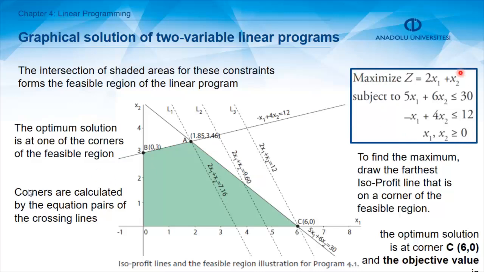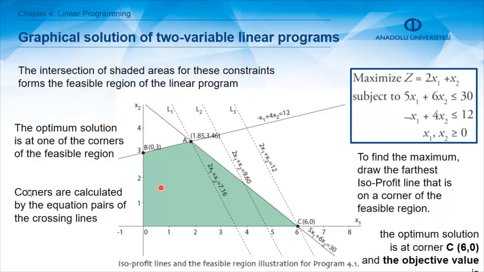Our linear program consists of these two constraints, so the combination of these two gives us the feasible region. Here, this is one of the constraint lines. This line is for the second constraint, and the green area is the feasible region for the whole problem.